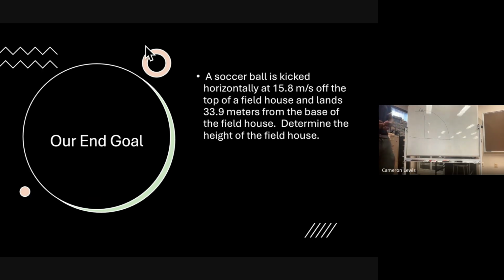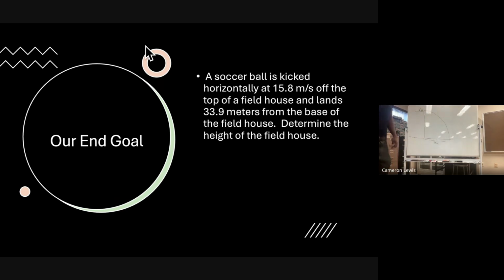We actually have a little information. How far does it land from the top of the field house? Sorry, from the base of the field house. Say this is the top of the field house, the base is here. Between here and here is 33.9 meters.